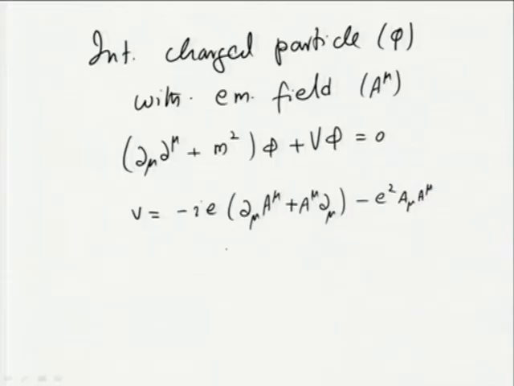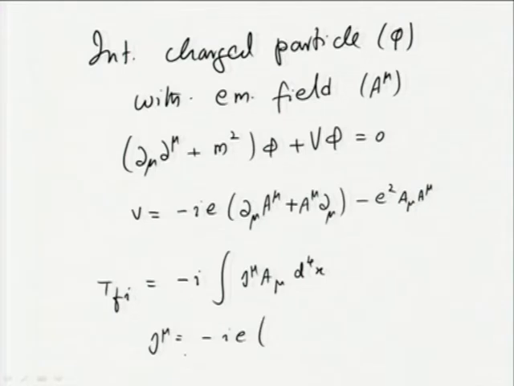Then we said the transition amplitude is minus i integral j mu A mu d4x, where j mu is the 4-vector current due to the particle, minus i e (phi f star dou mu phi i minus dou mu phi f star phi i), where phi i denotes the wave function of the particle before the interaction, phi f denotes the wave function of the particle after the interaction. e is the electric charge.